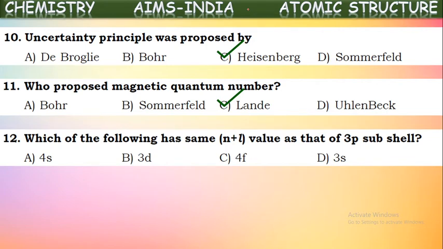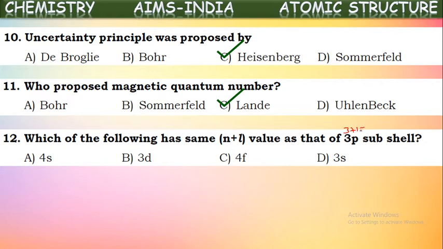Which of the following has the same n plus l value as that of 3p subshell? First let us calculate the n plus l value of this 3p subshell. What is the n value? 3. And the l value is given based upon the subshell in which the electron is located. For p subshell, l value will be 1.